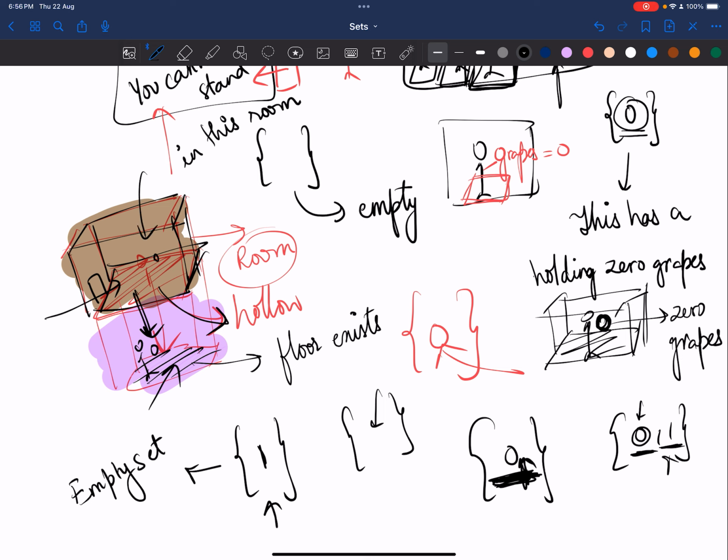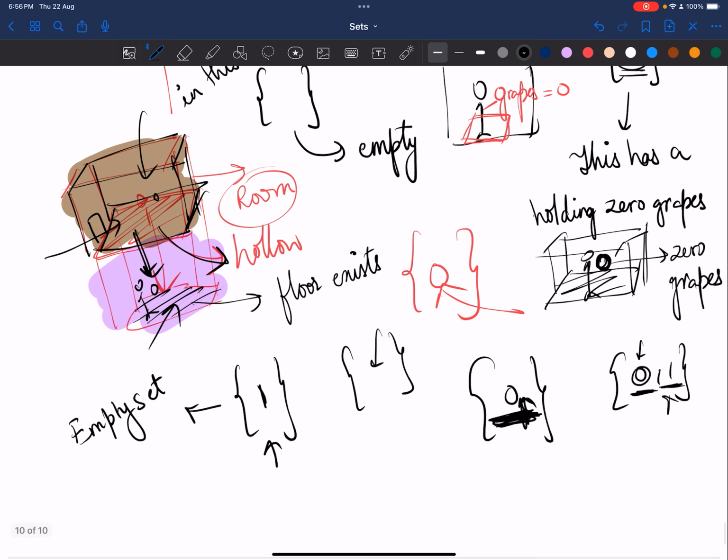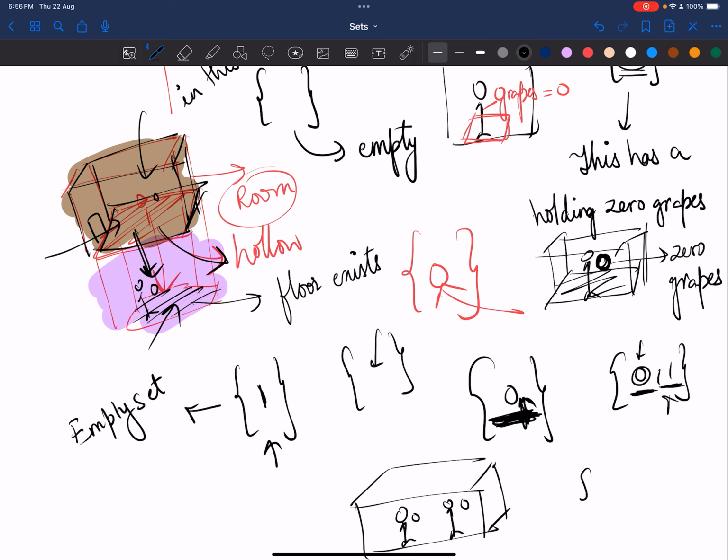So, we'll talk about a scenario. Let us say you have 2 people with 1 grape each. That's like 1, 1. But the rule that we invented before is that a room can only have a person of 1 kind. You cannot have clones in the room.